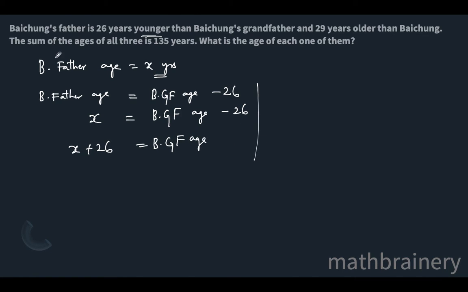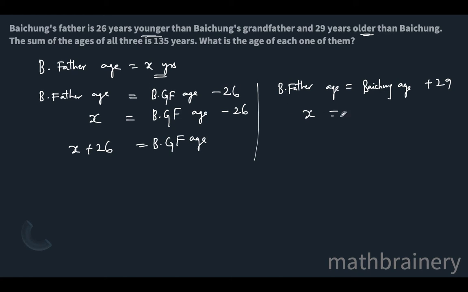Now, the second condition is this: Baichung's father's age is 29 years older than Baichung. Older, isn't it? That means this is Baichung's age plus 29. Now, we have assumed Baichung's father's age as x years.